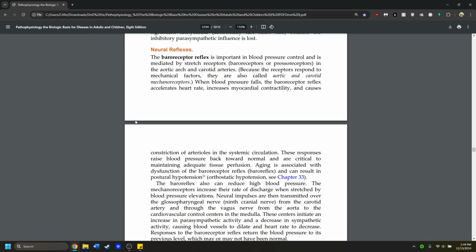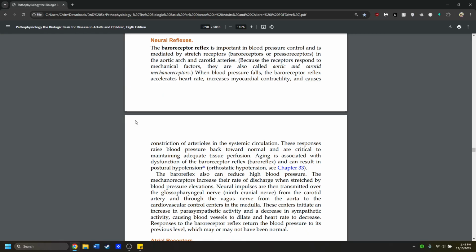So, our neural reflexes. The baroreceptor reflex is important in blood pressure control and is mediated by stretch receptors. These are your baroreceptors, or pressoreceptors, in the aortic arch and carotid arteries. Because the receptors respond to mechanical factors, they are also called aortic and carotid mechanoreceptors.